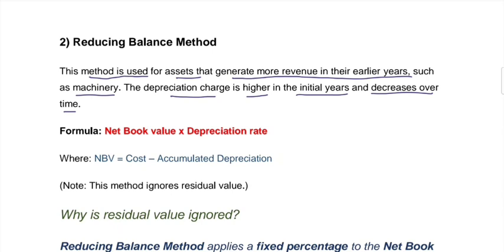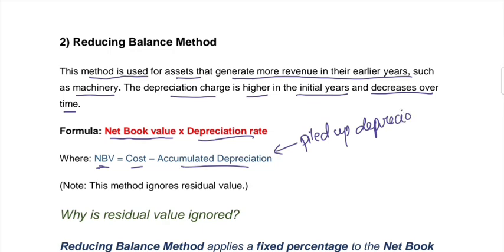And the formula is simple. You have net book value, whatever it is, either the cost or the book value at the end of any particular year, multiplied by the depreciation rate, where net book value is cost minus the accumulated depreciation. Accumulated depreciation, in simpler terms, means piled up depreciation.